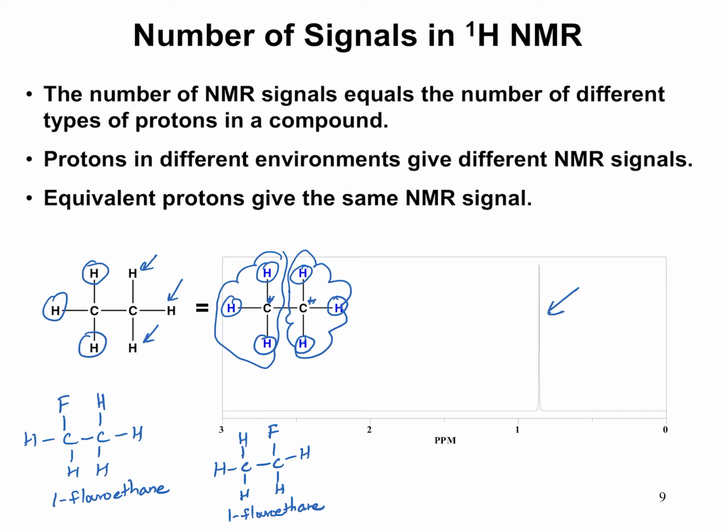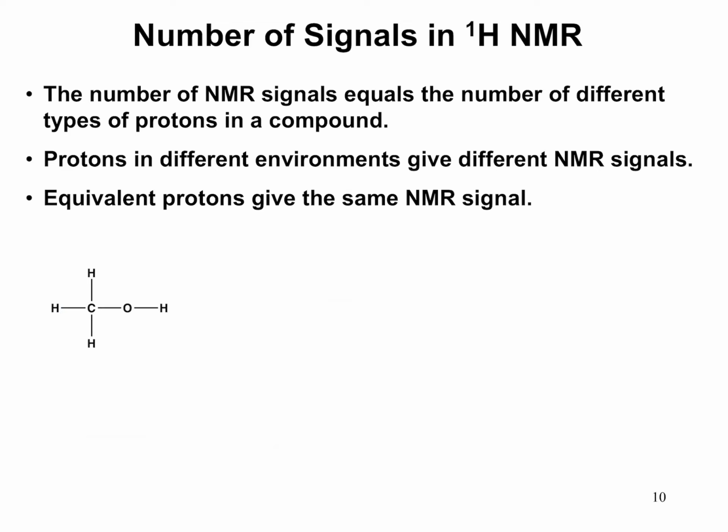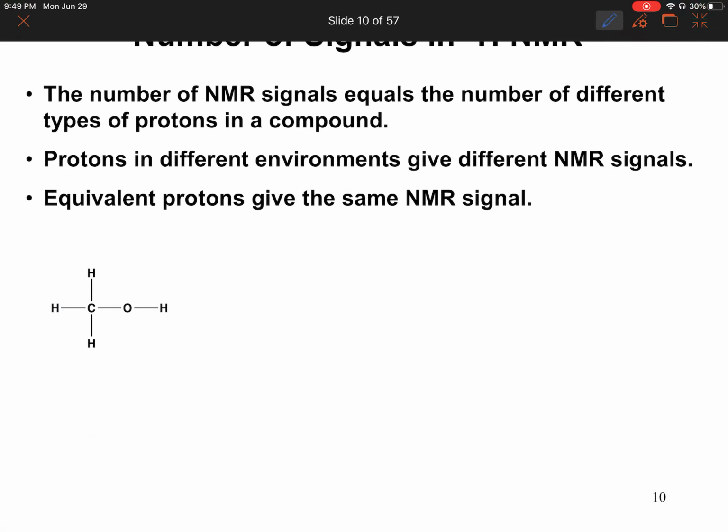All right, so let's try this one. How many signals would we expect to see here? Hopefully we see that there will actually be two signals here, right? Because in this case, we see a signal that is on oxygen. So we see this signal right here. And then we see these signals right here that are on carbon.